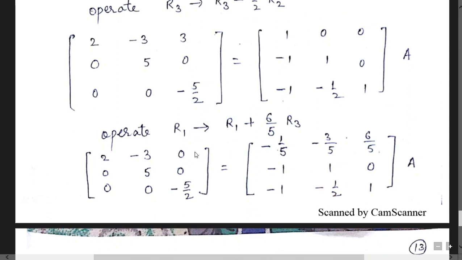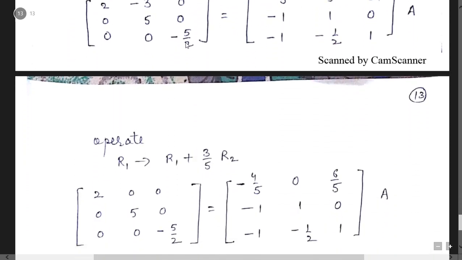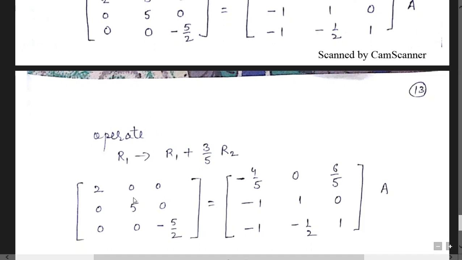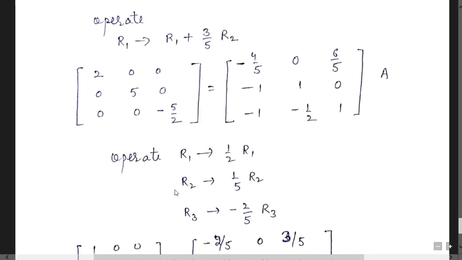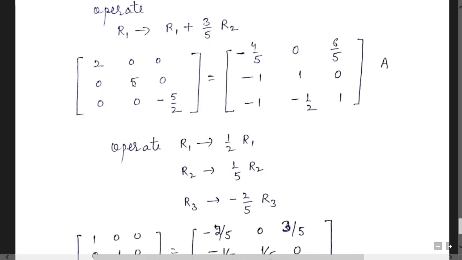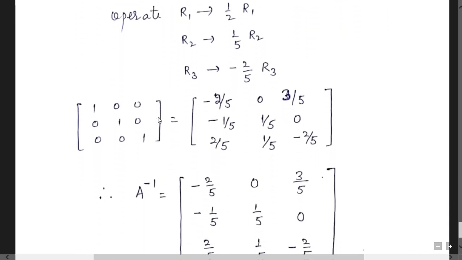And in the last step, I convert this negative 3 into 0. Now only diagonal elements are there. Now how to change these diagonal elements into 1? Divide by 2, divide by 5, and multiply by minus 2 over 5 in the third row. You will get the inverse of the matrix on the right hand side.